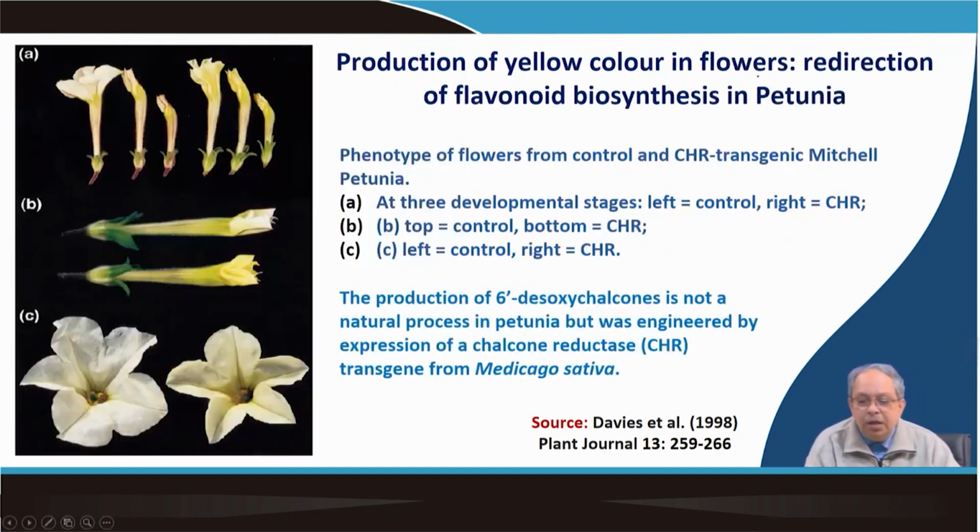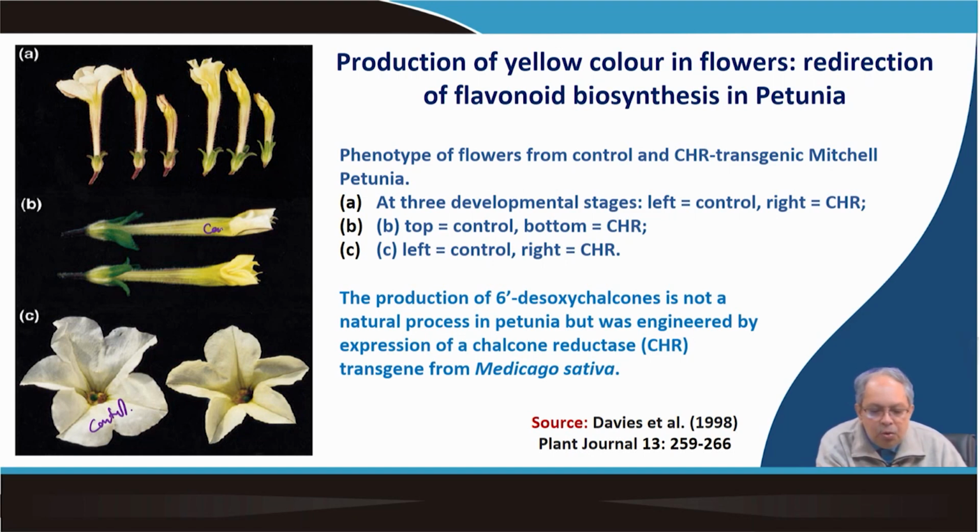Now, let us see the result. They have used two types of petunia, one is colored, one is white. White is acyanic, not cyanic, meaning colored. So, the acyanic is the one you see, this is C, left is the control, okay. And then they expressed the genes, and as a result you see changes in the coloration.